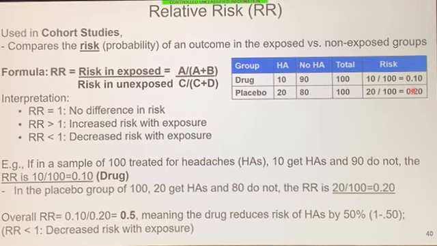That's 0.1. For the placebo group, 20 got the headache out of 100, so that's 0.2. So the overall relative risk is 0.1 over 0.2. That's 0.5, meaning that taking the headache medicine reduces the risk of headaches by 50%.